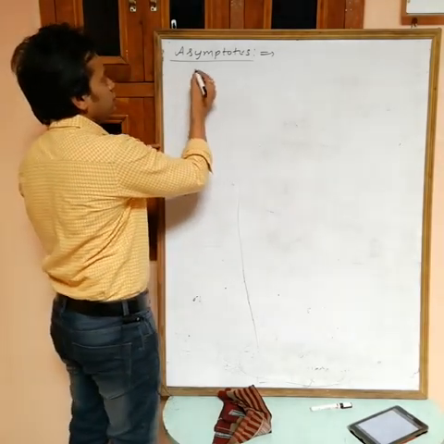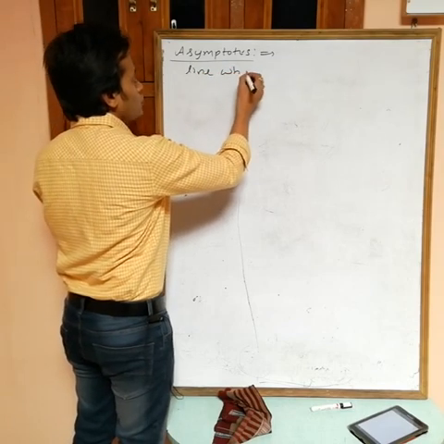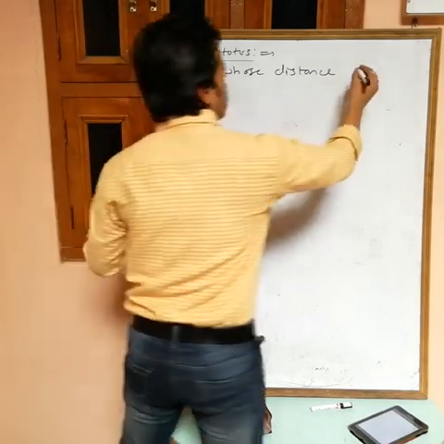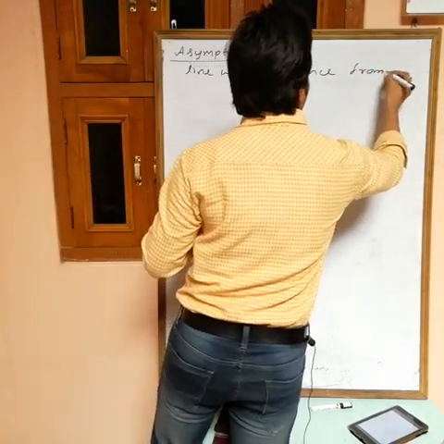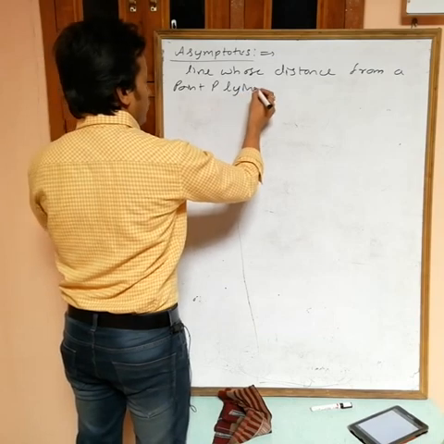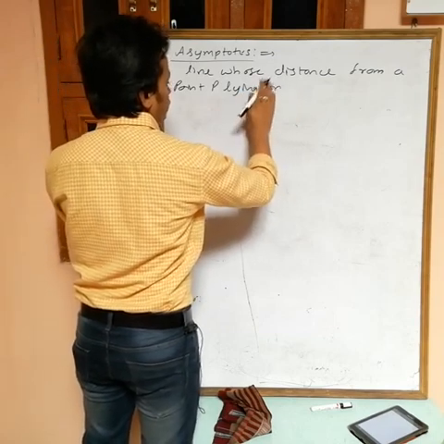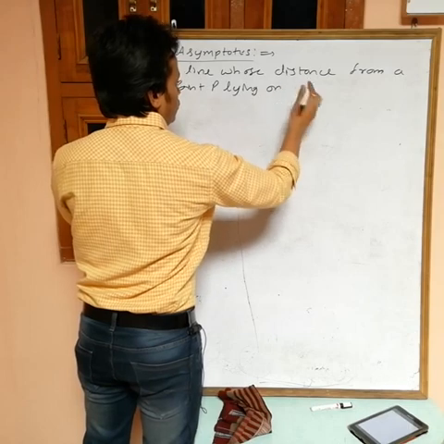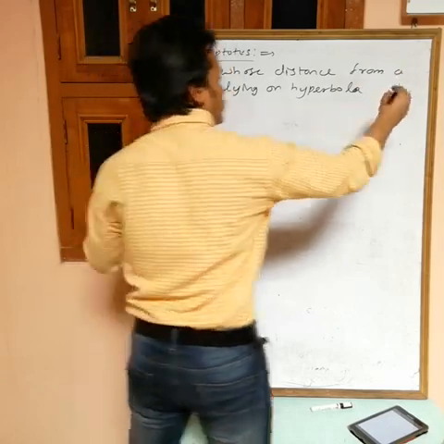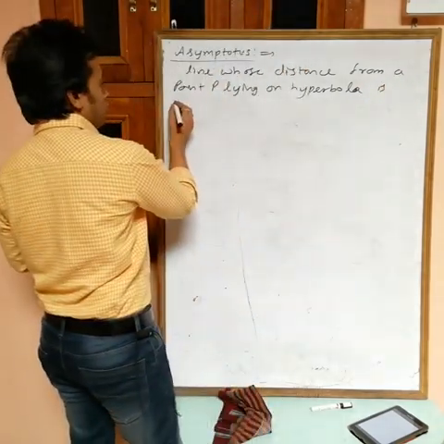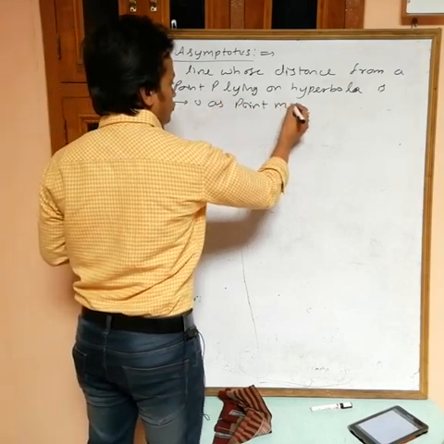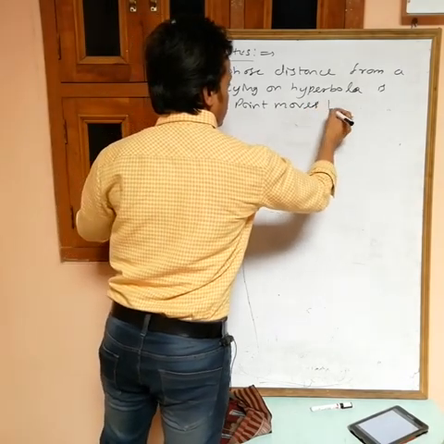See, a line whose distance from a point P lying on the hyperbola is tending to 0 as the point moves to infinity.